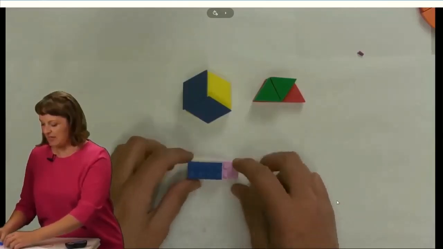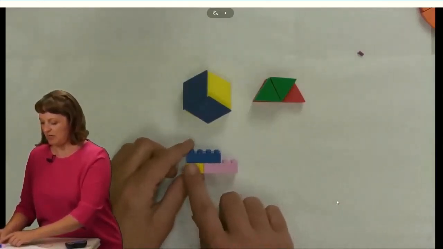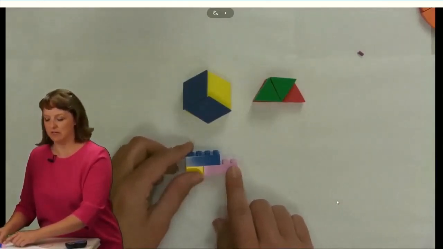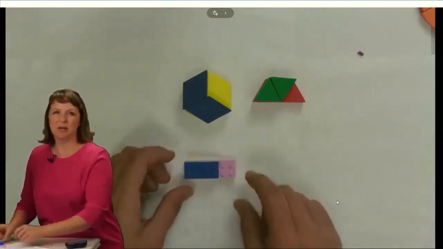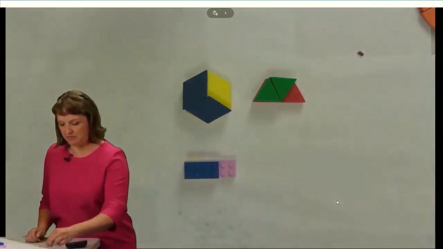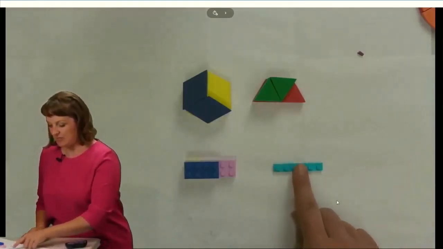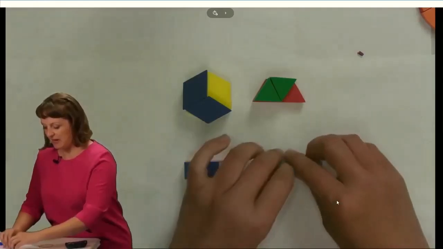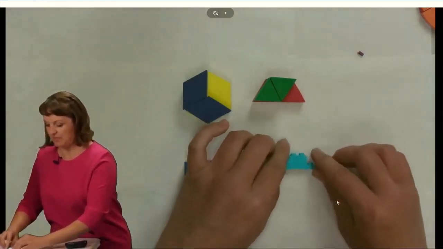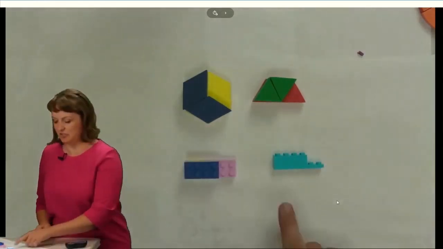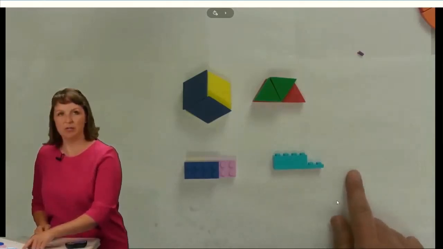So here is an area, and it's broken into 1, 2, 3 equal parts, and my dark blue Lego represents 2 of those 3 parts. I could also have this stick that's broken into 1, 2, 3 equal parts, and I could put this turquoise piece on top. I'll show it to the side like that to show the fraction 2/3.